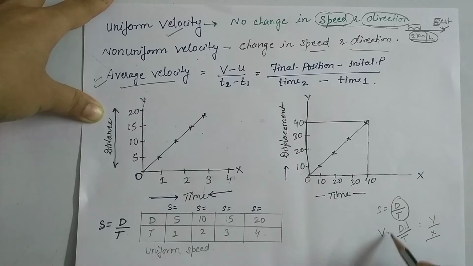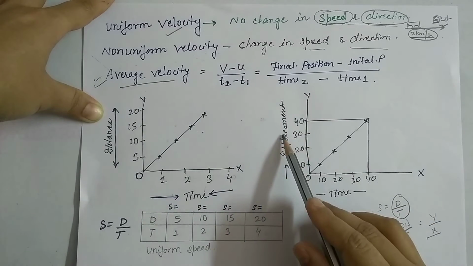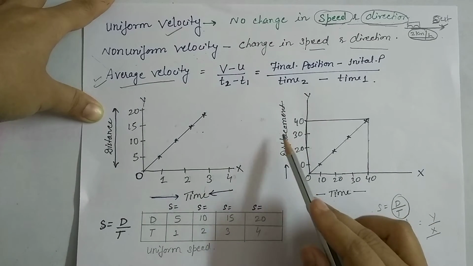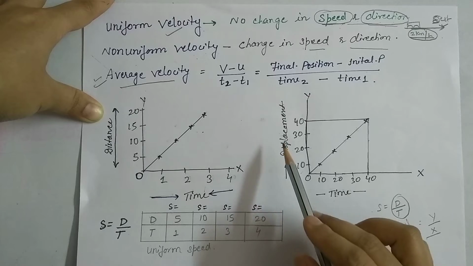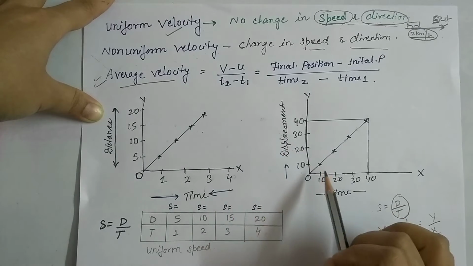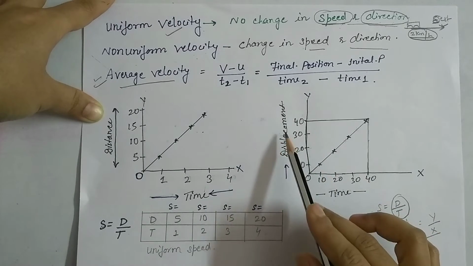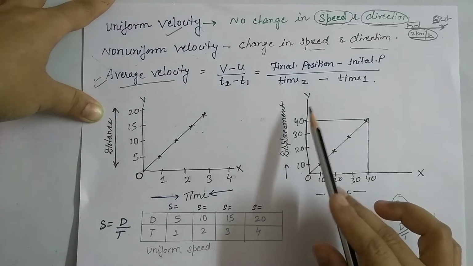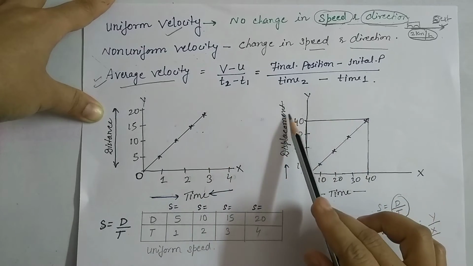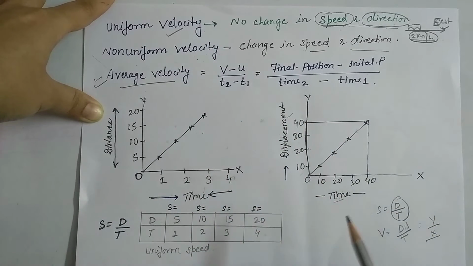To find the velocity, we divide displacement by time, so the graph should be formed of displacement and time.